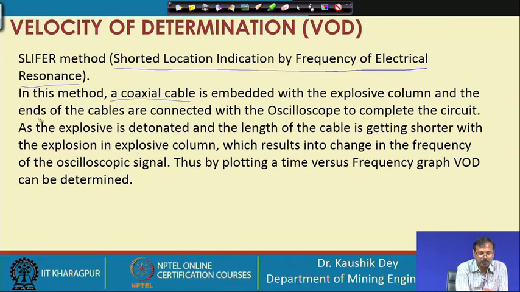Now, as the ends of the cable are connected to the oscilloscope to complete the circuit, when the explosive is detonated, the length of the cable gets shorter with the progress of the explosion in the explosive column.